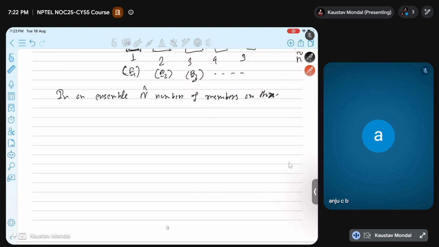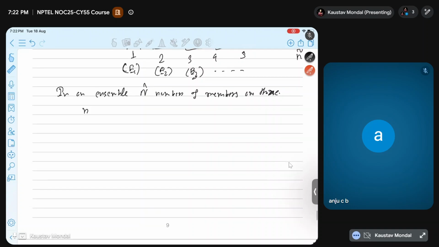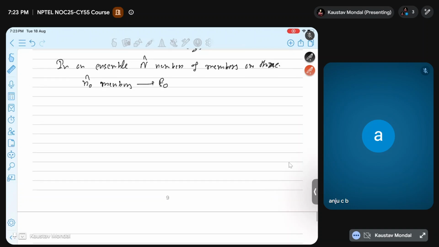Now they are only differentiated by their energies, right? So out of this n, let's suppose n0 members have energy E0, n1 members have energy E1. Okay, like that.